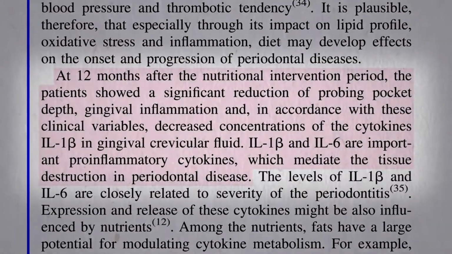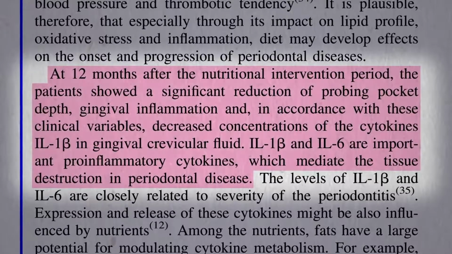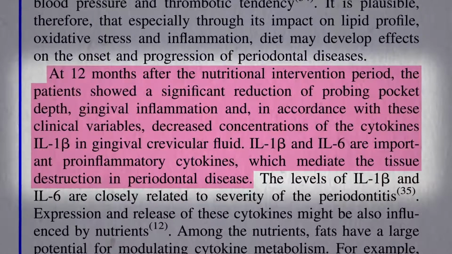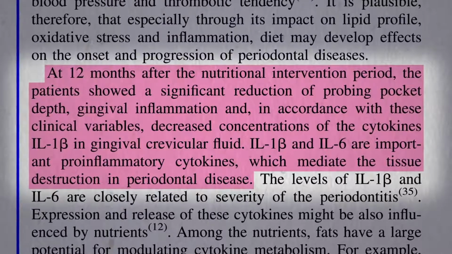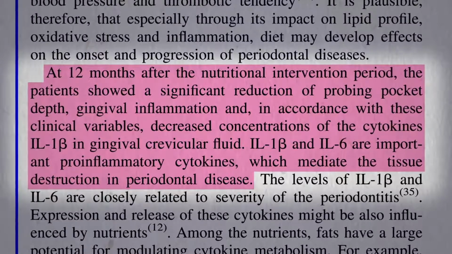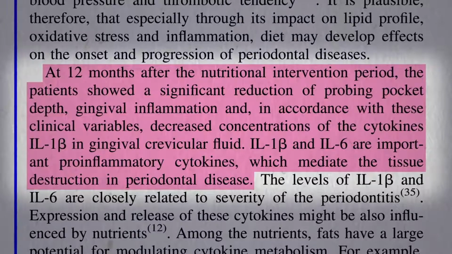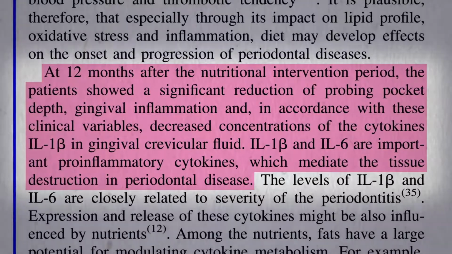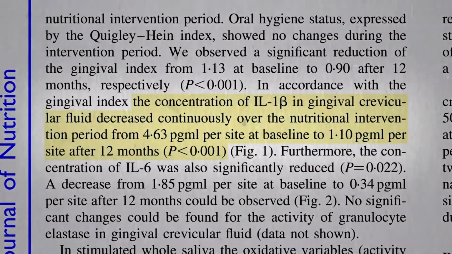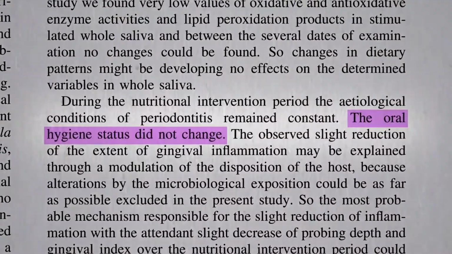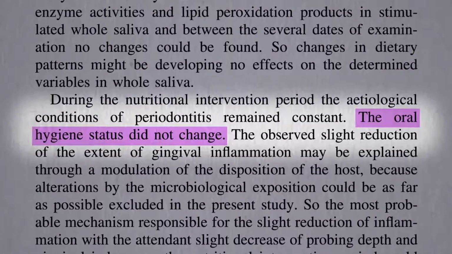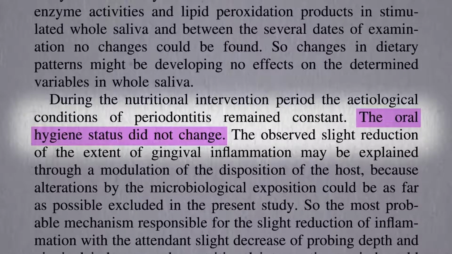And after 12 months, the patients showed a significant reduction of probing pocket depth, gingival inflammation, and, measured for the first time, decreased concentrations of inflammatory chemicals inside the crevice between the tooth and gums, which are thought responsible for the tissue destruction in periodontal disease, a decrease by as much as 75%. And all the while, their oral hygiene status didn't change, suggesting it was the diet that did it.